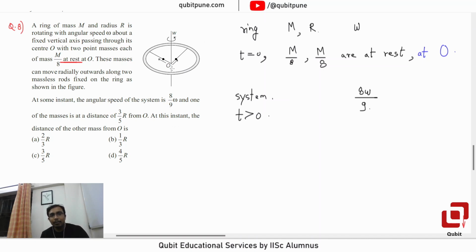But we know for sure that because the massless rods are rotating, and the contact between the point mass and the rod is frictionless, we have to assume it because nothing has been said about it. Due to centrifugal force acting on them, they will start moving radially outwards. Do you agree? Yes, sir. And that is an internal force, so we have to use momentum conservation.